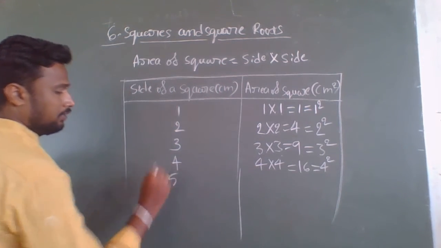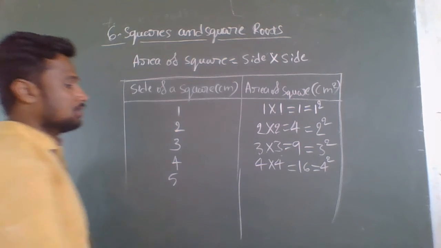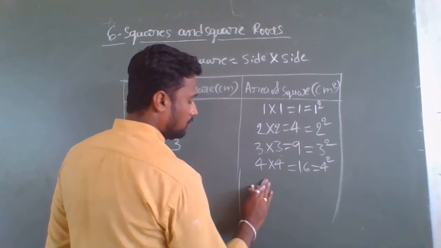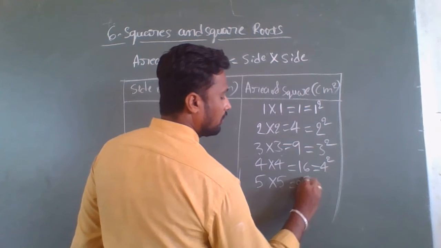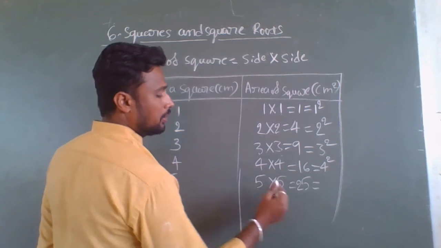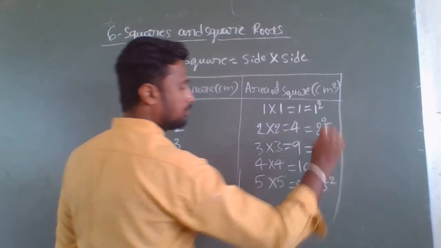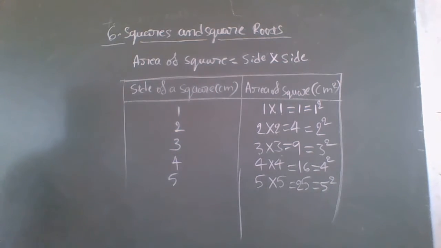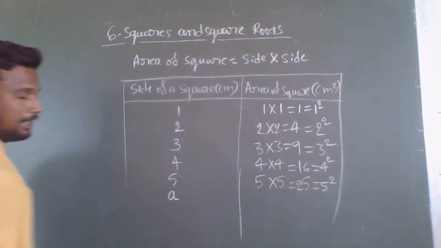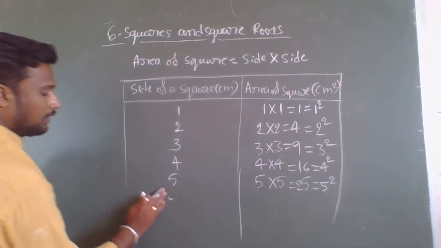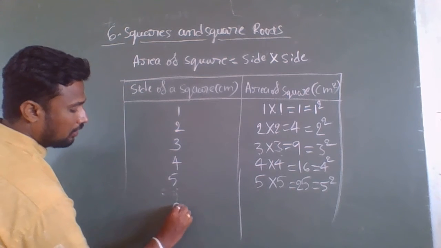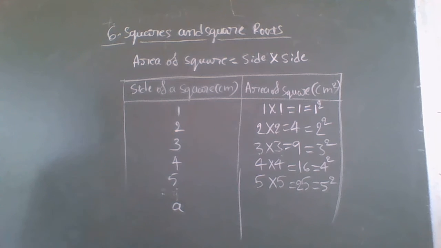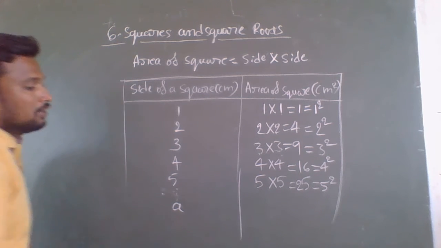Next 5. Area of square is equal to side into side, therefore 5 into 5 is equal to 25. We multiplied 5 two times, therefore 5 square here. Now, if the value is any value a, like 1, 2, 3, 4, 5, then what will we do?